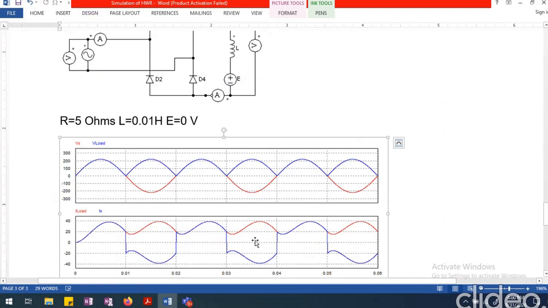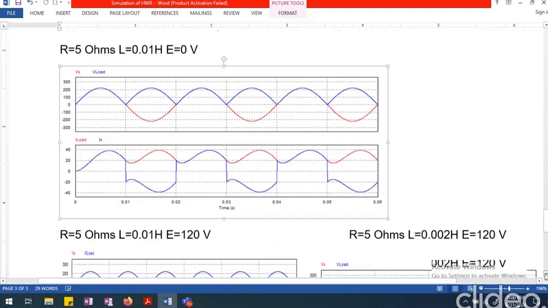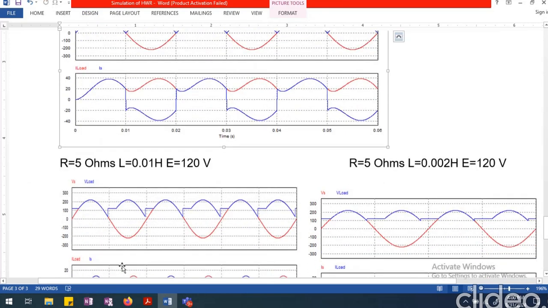So here is the waveform with RL load. We already saw the RL load, and let me show with RLE. So you can see that with respect to RLE load, slightly before 0 volt itself, the conduction gets over and there is no current flowing through the DC side.